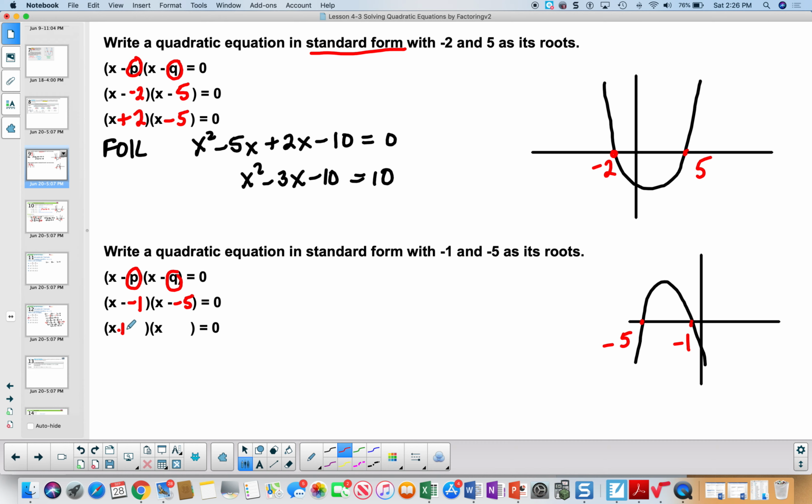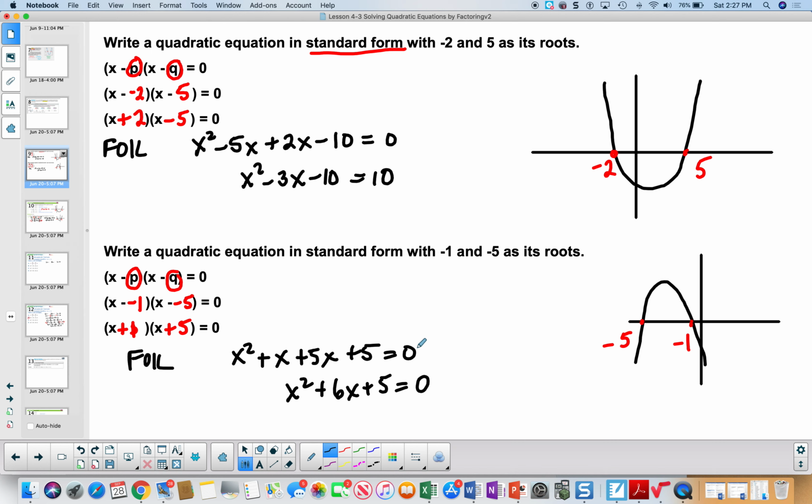Clean up: two negatives in a row make a positive, so that's +1, +5. All right, and now I'm going to use FOIL to help me multiply out so I can get into standard form. So it's x squared plus x plus 5x plus 5 equals 0. And just clean up a little bit with like terms. And this is the answer. This is the quadratic in standard form.